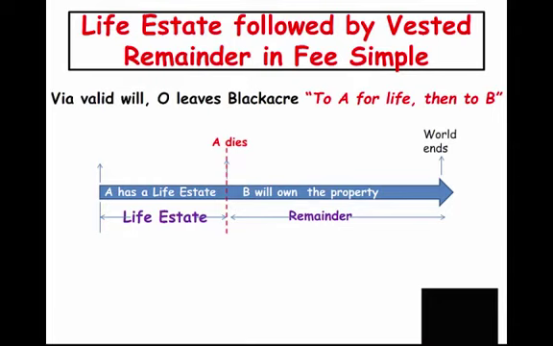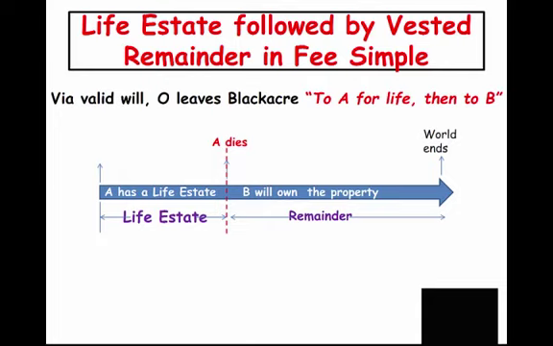So if we go back to our lovely drawing that I've been making of an arrow representing ownership over time, if via valid will O leaves Blackacre to A for life, then to B, then what that creates is a life estate for A and then a remainder in B. That remainder is vested because B is an identified person and B does not have to fulfill any condition before being able to take the property. B simply waits for A to die and then B's remainder becomes possessory.